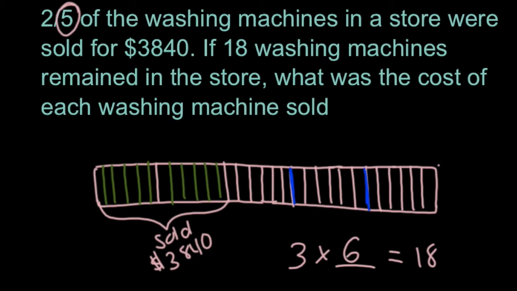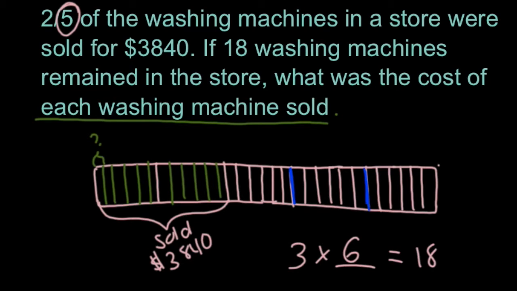So now I have 6 times 5 parts. I have a total of 30 parts in my bar model. But I want to know what the cost of each washing machine sold was. So that means that I'm going to want to find just one of these units, and that's my question mark.